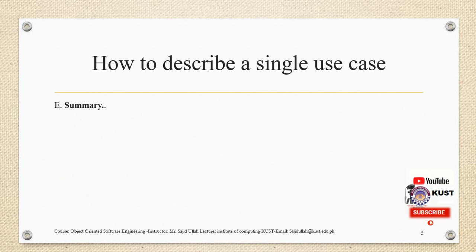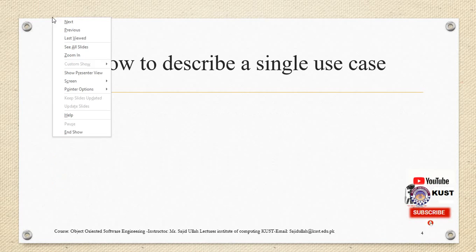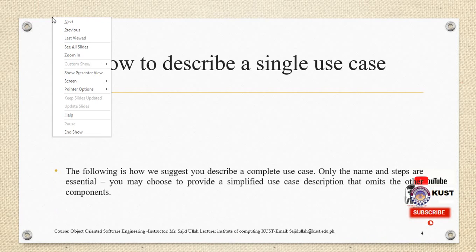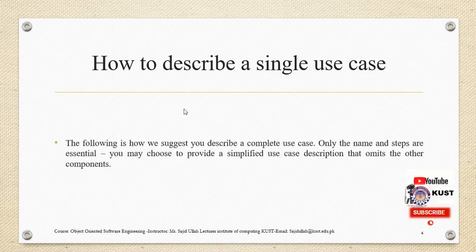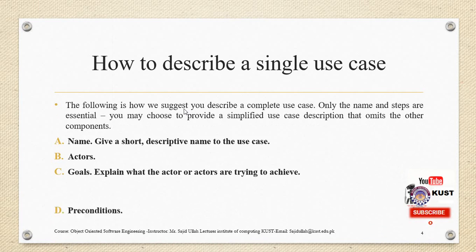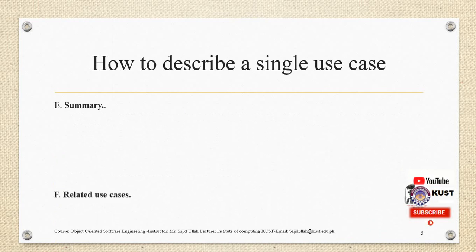Summary. Summarize what occurs as the actor or actors perform the use case. Related use cases. List use cases that may be a generalization, specialization, extension or inclusion of this one.